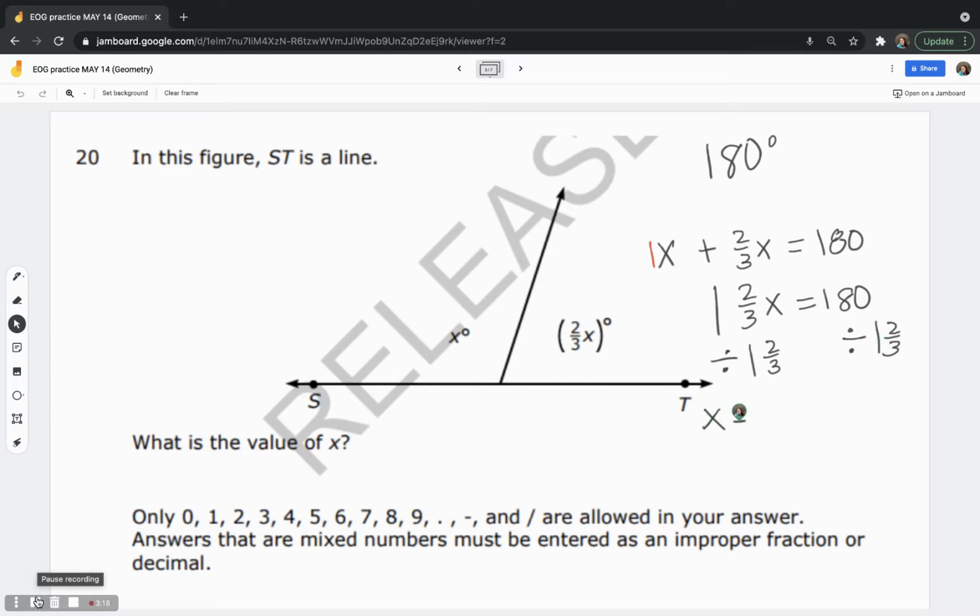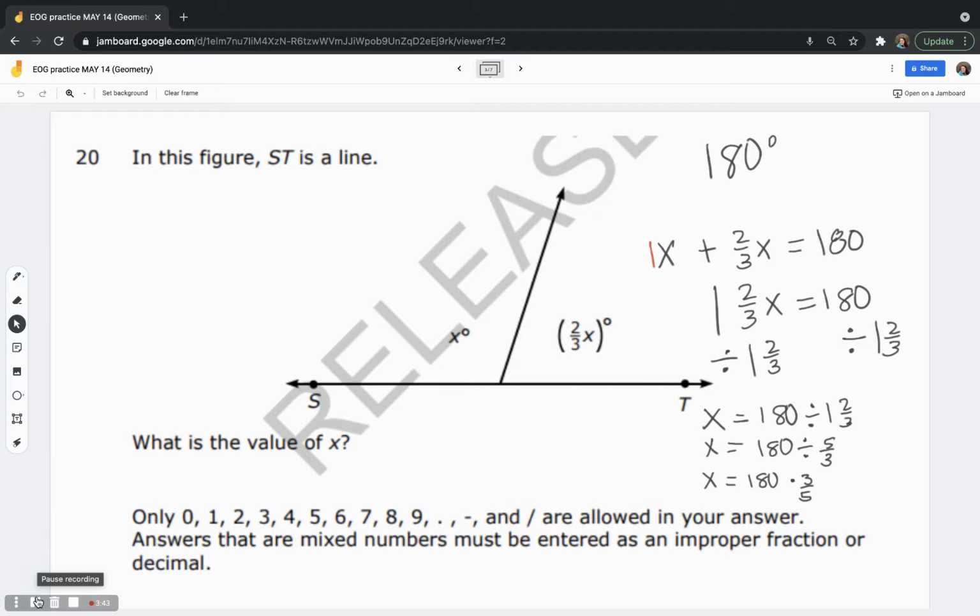So x equals 180 divided by 1 2/3. I'm going to change that to an improper fraction. So x equals 180 divided by 5/3. And then I'm going to keep, change, flip. So 180 times 3/5.